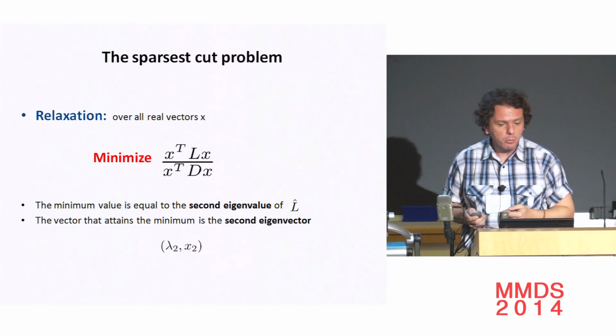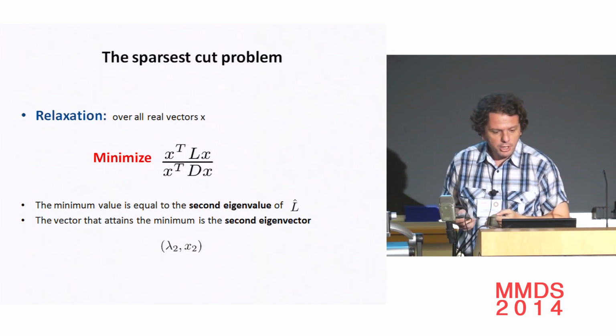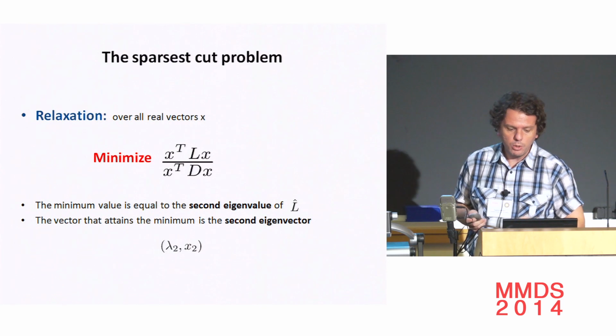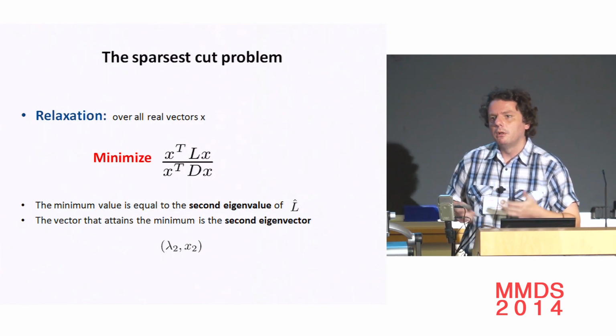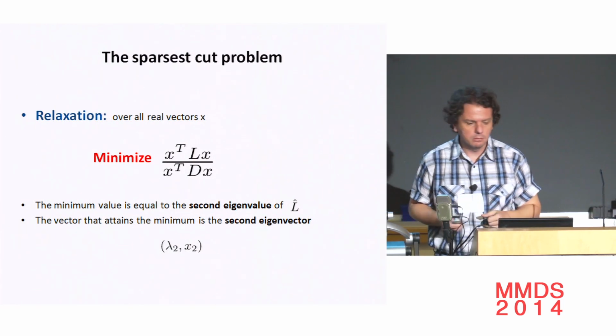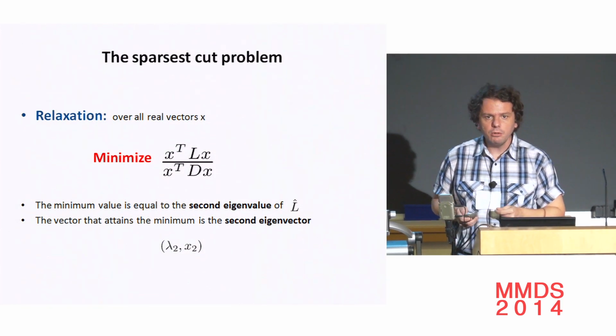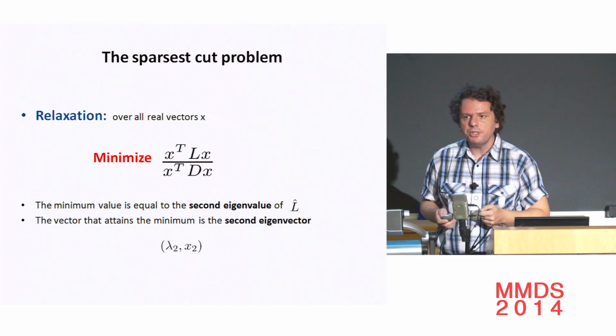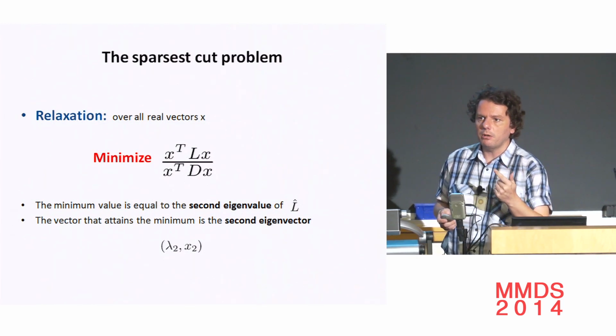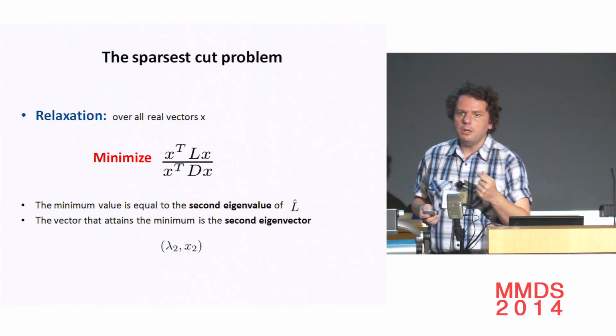Now it turns out that the minimum value of this ratio is equal to the second eigenvalue of the normalized Laplacian, which is just a small variation of the Laplacian. And the vector that actually achieves this minimum is the second eigenvector. So there's this pair, the eigenvalue and the eigenvector.